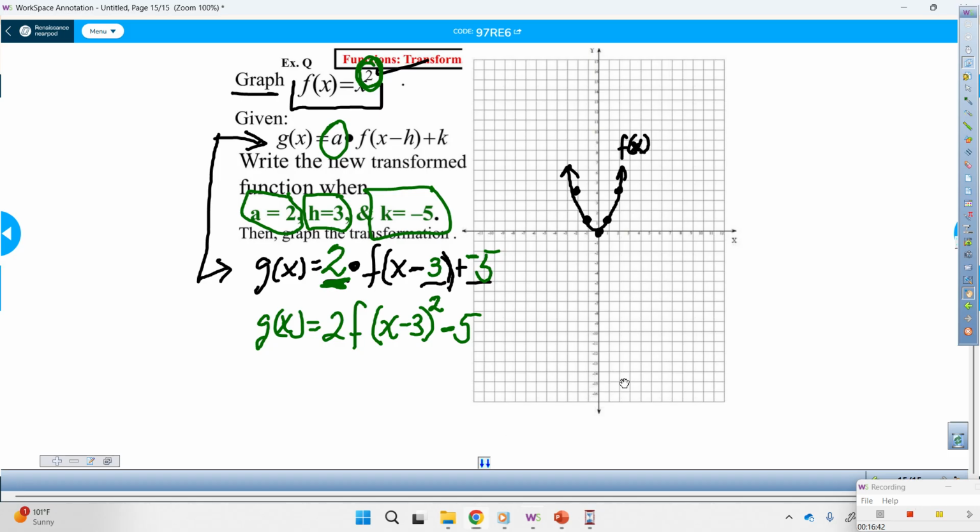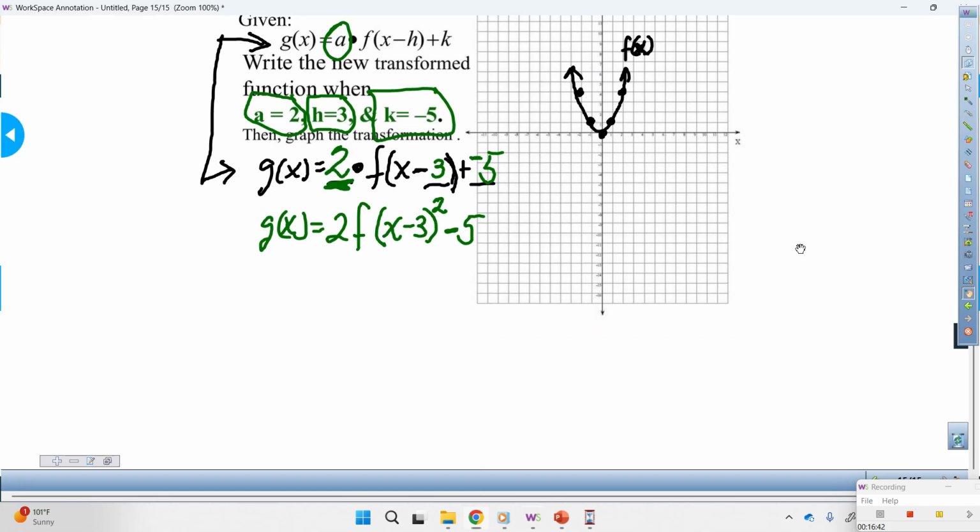All right. So now that we have our transformation, tell your neighbor where we're going to move these 5 points at the end. In what direction? All right, Natalia Castro, pass them one.